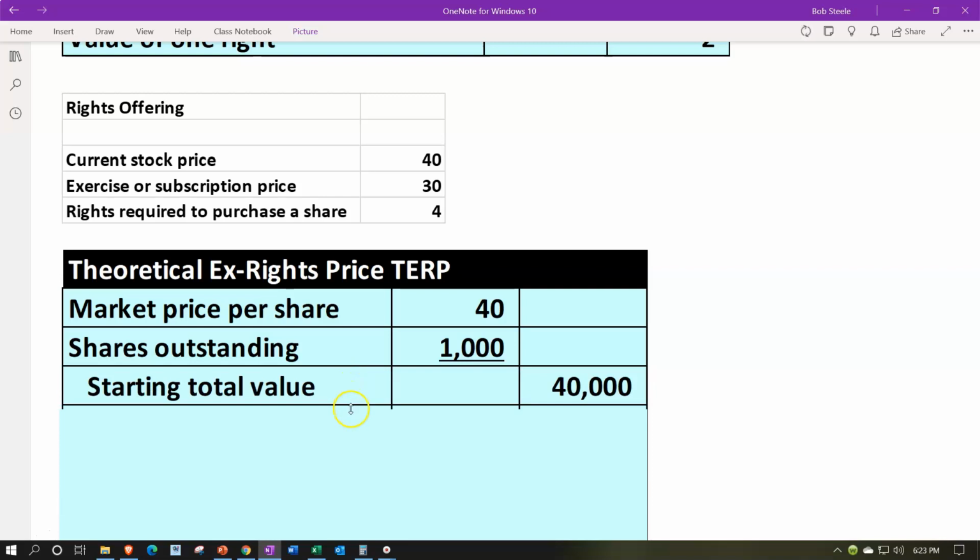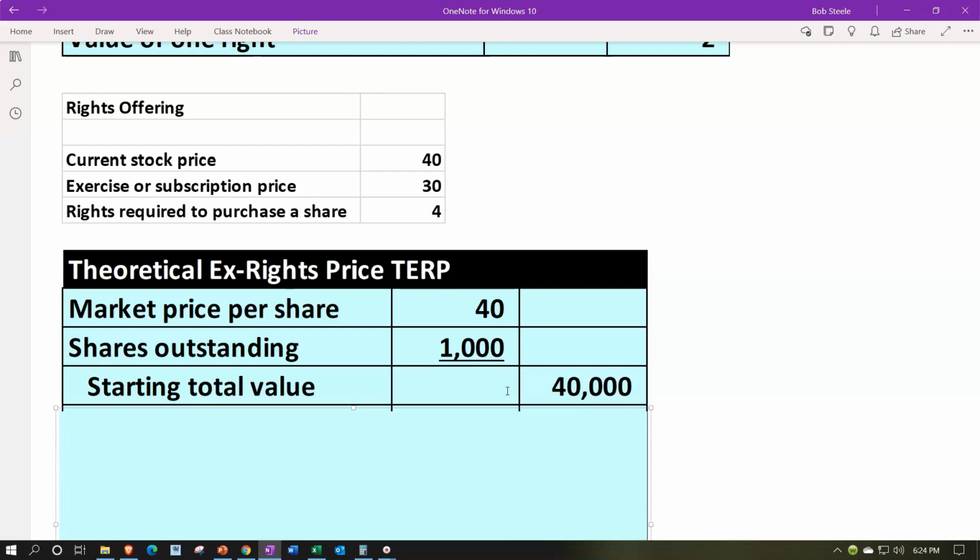So 1,000 times 40 means the value of the corporation according to the stock market at this point is 40,000.